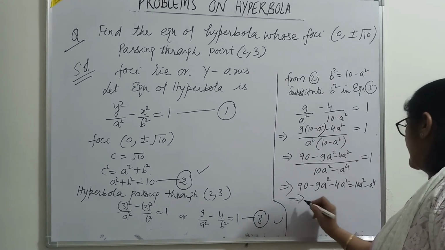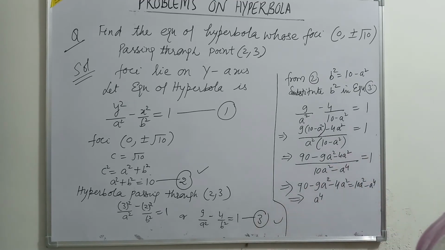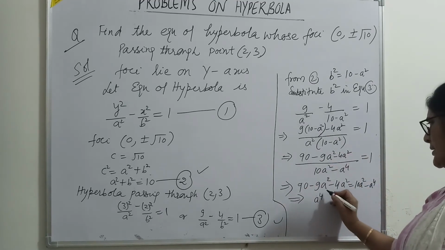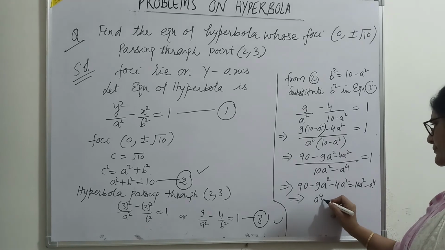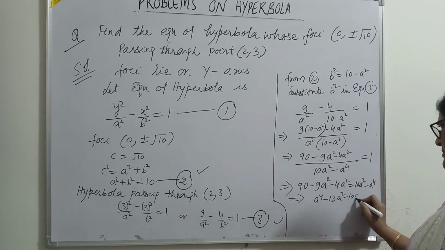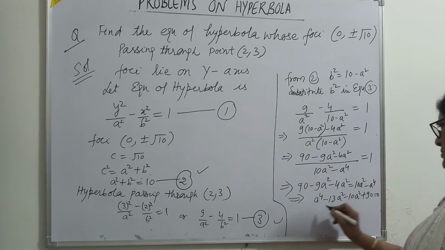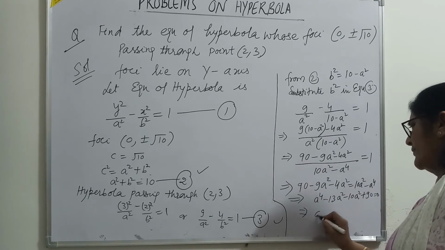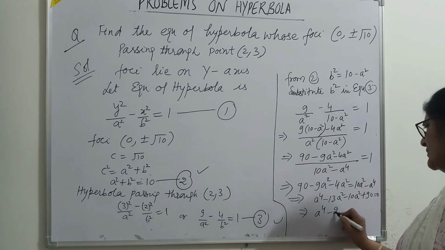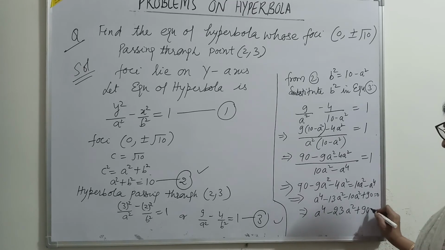Or you can say, take all terms on the left-hand side: a⁴, then 9 and 4 make 13, minus 10 gives −23a², plus 90 is equal to 0. So a⁴ − 23a² + 90 = 0.